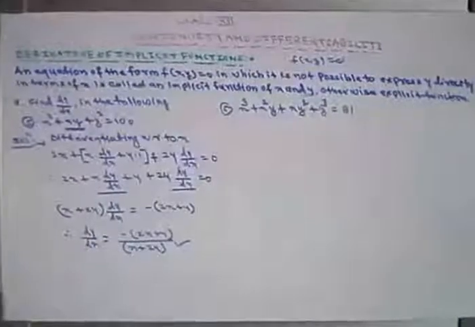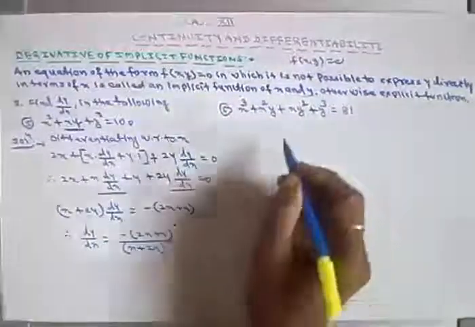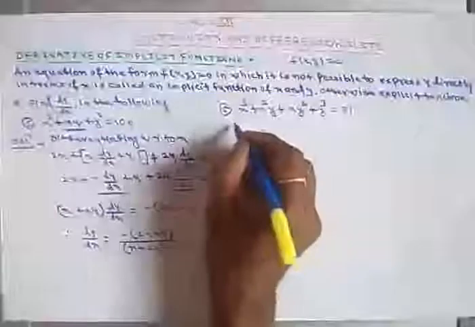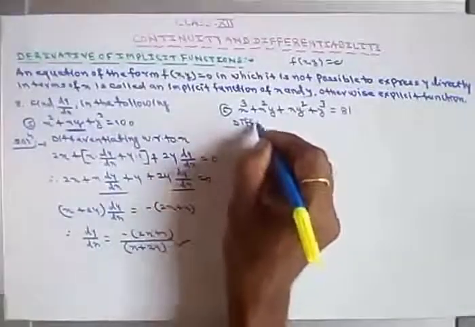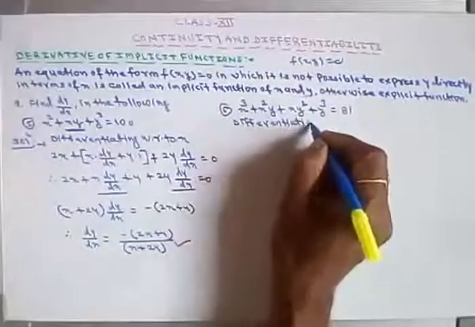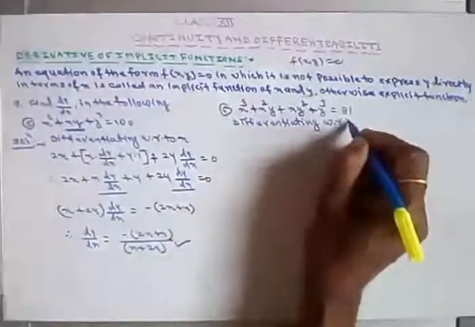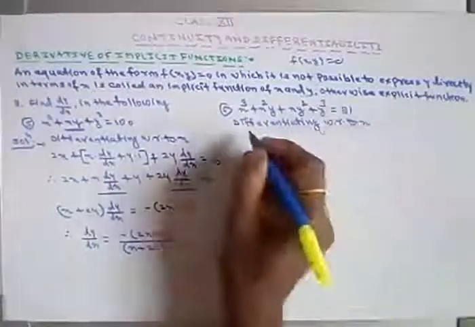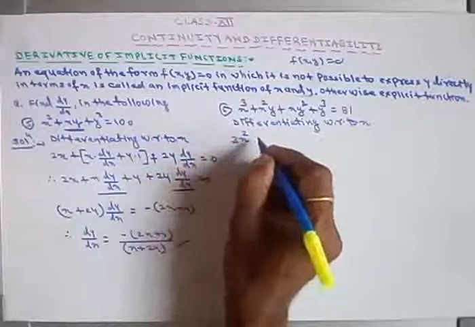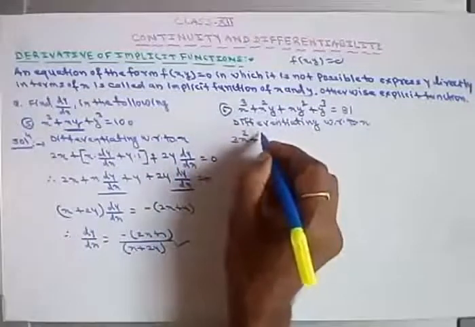Okay, now directly we can differentiate. This is also an implicit function, directly we cannot write in terms of y equals to. So differentiating with respect to x. So x cube का डेरिवेटिव क्या होगा 3x square plus here is the product.